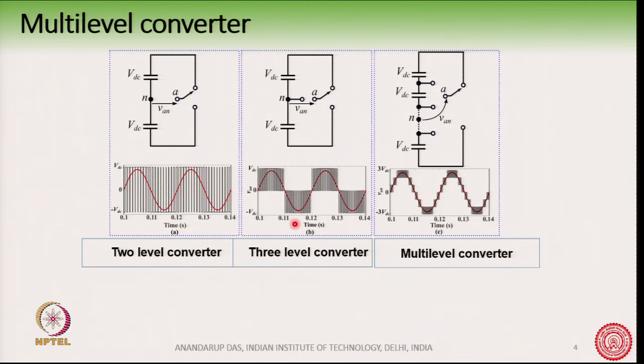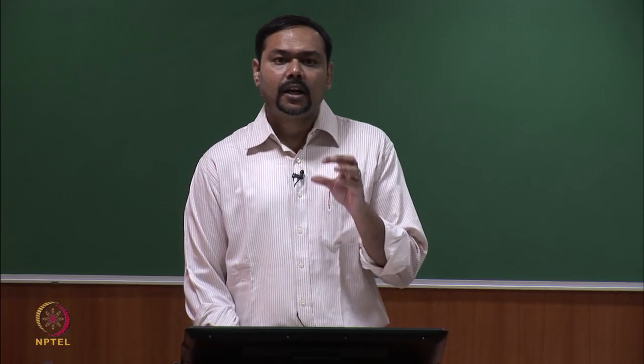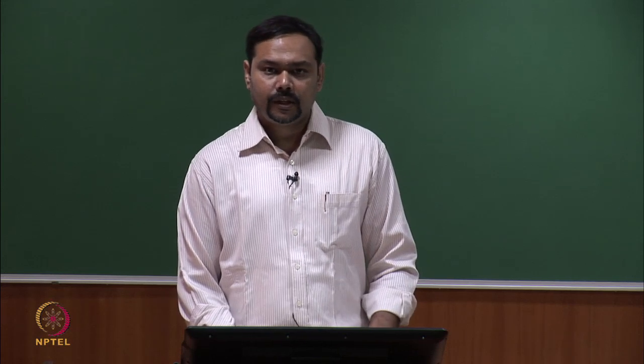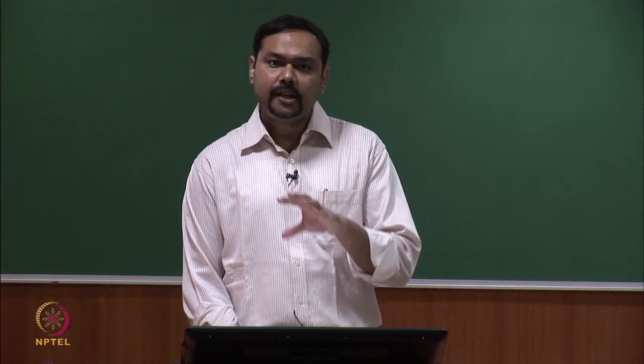Now, what is the significance of this instantaneous error? The significance of the instantaneous error is that the harmonics which are getting produced from the converter are getting reduced. If the instantaneous error is reducing, then the harmonics are also reducing.